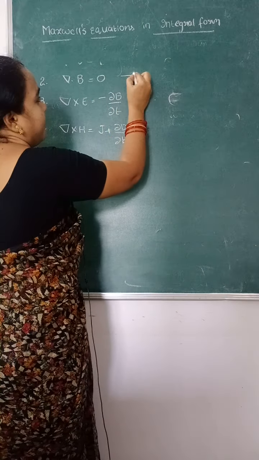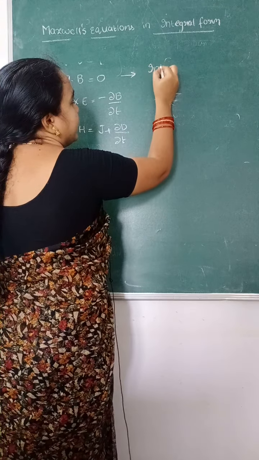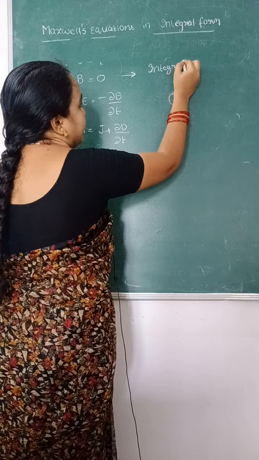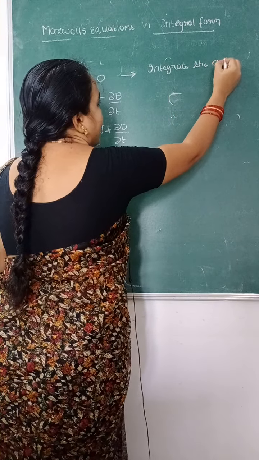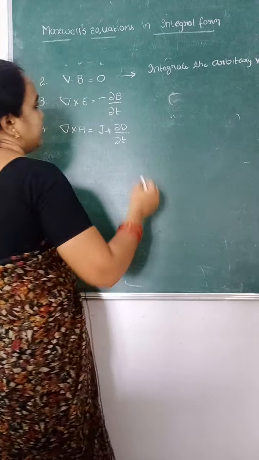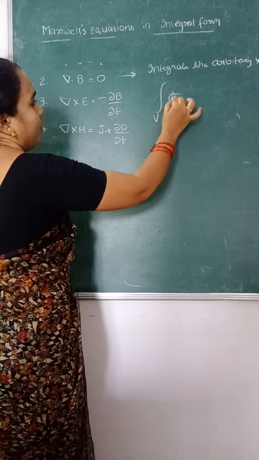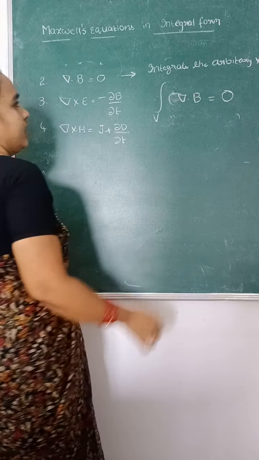So let us integrate the second Maxwell equation over any arbitrary volume V. Then the volume integral of del dot B is equal to 0.